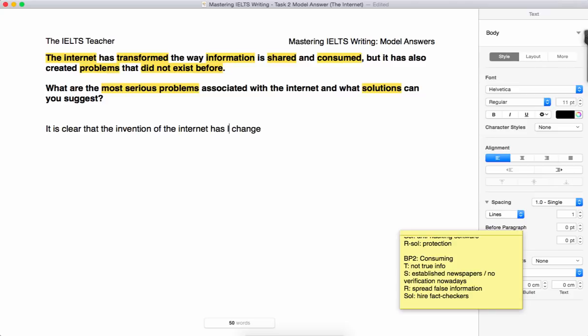Has led to, and I want to emphasize that these are big changes, so I can show my collocation understanding here. Dramatic changes in the way information is, and now just a couple of synonyms. We're not going to think about this too much. Distributed, so we're sharing information, distributing information, collocations there, and as I mentioned before, accessed. So consuming it, accessing it, absorbing it, whatever.